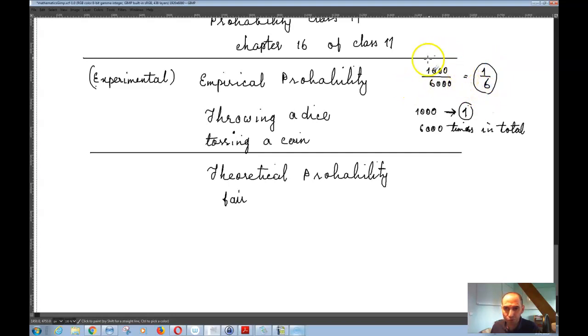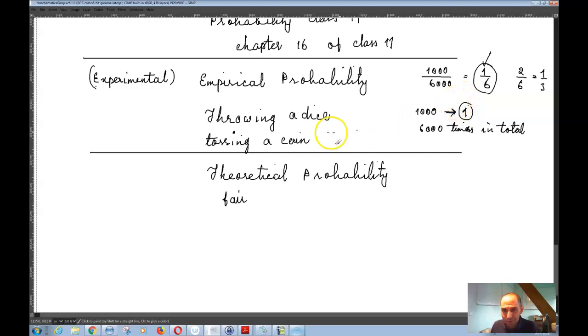But if you do it for 100 times or 200 times, you're not going to get 1/6. It's going to be a number much different from 1/6, for example something like 2/6, which is equal to 1/3. And then slowly your numbers will tend towards 1/6, provided that you throw the dice, for example, 10,000 times or 20,000 times, and so on and so forth.